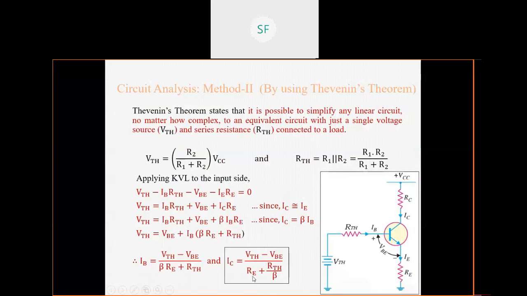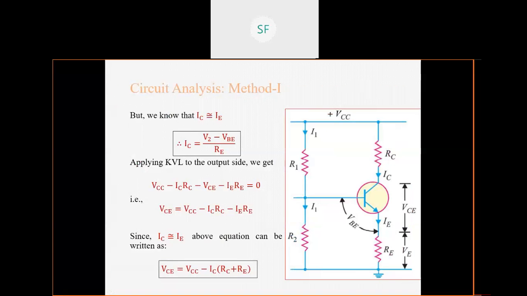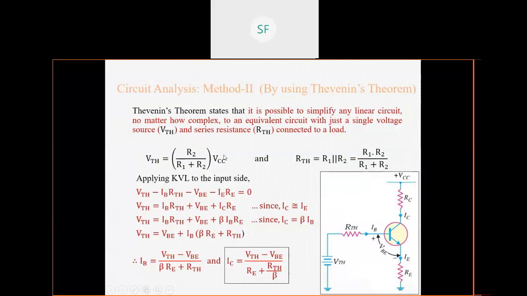Now about the denominator, this is RE plus RTH divided by beta. Here in the denominator there was only RE. So now you got the difference: we calculated IC by method 1, and now this is IC for method 2. The only difference is this term, RTH divided by beta.